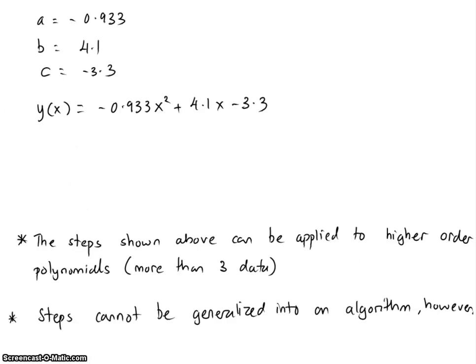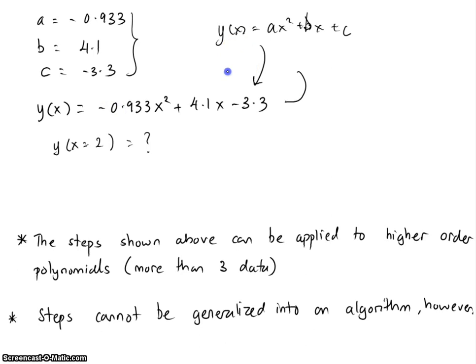If you solve this, you'll find that the values of a, b, and c are given by this. Once you go back to your quadratic equation, ax squared plus bx plus c, you get your following function or your quadratic fit here. Let's suppose that you're interested in finding the value of y at x equals 2.